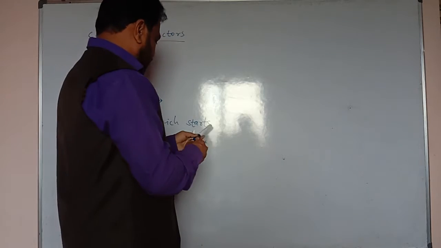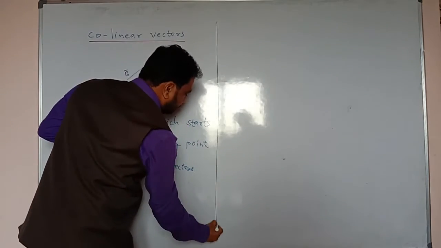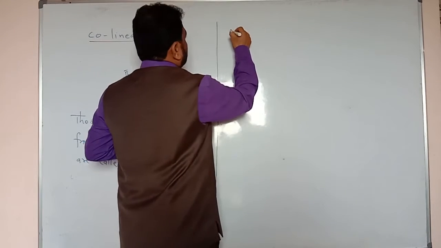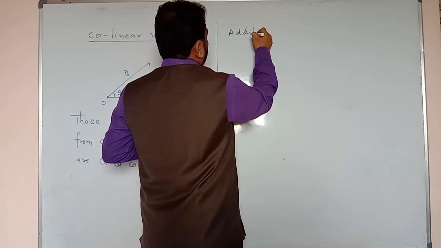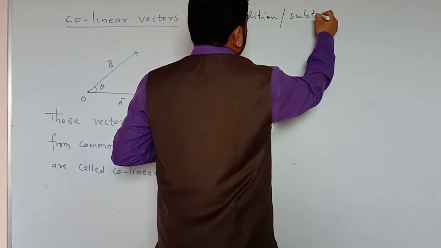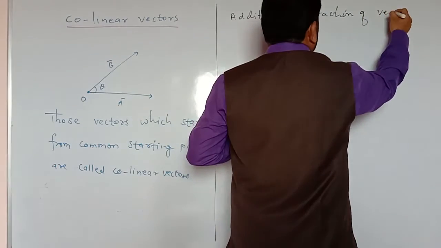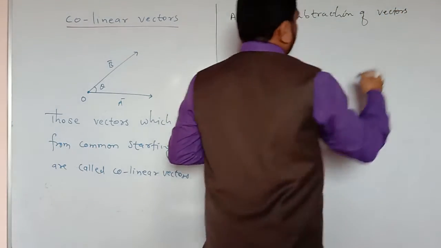Now we have to discuss the addition or subtraction of two vectors. So give the heading addition or subtraction of vectors. Means how we can add or subtract two vectors.